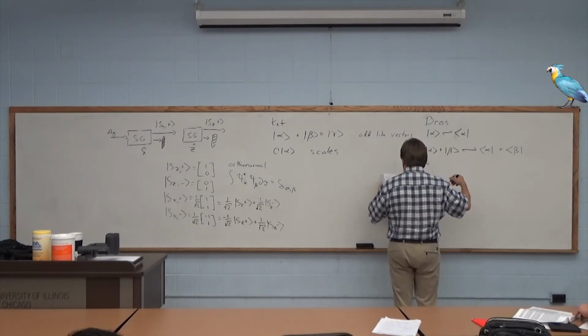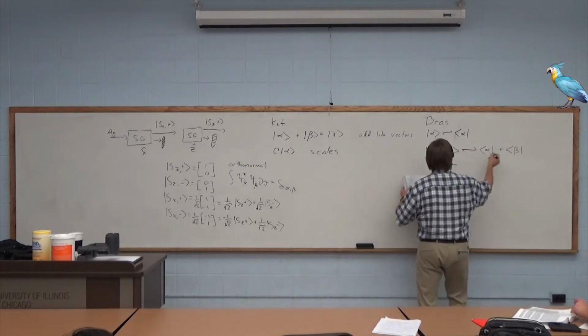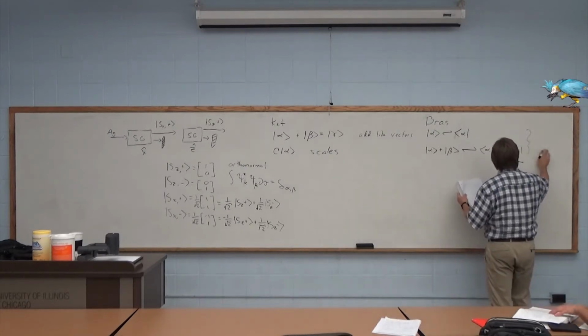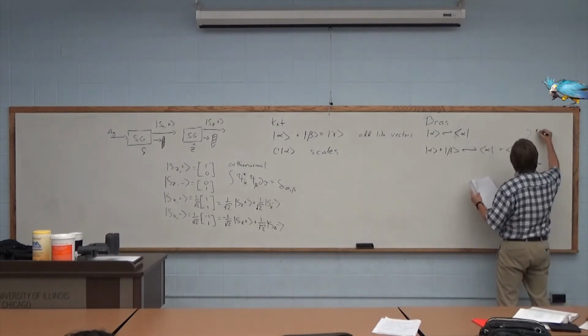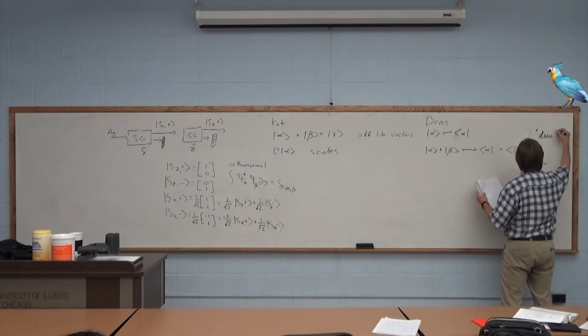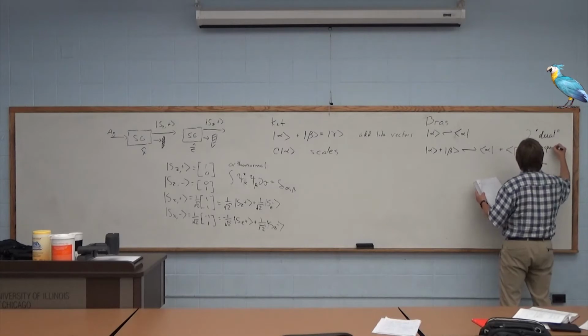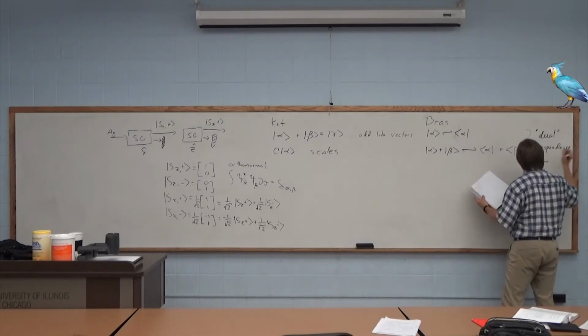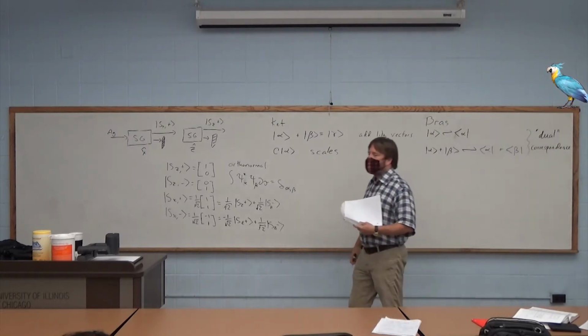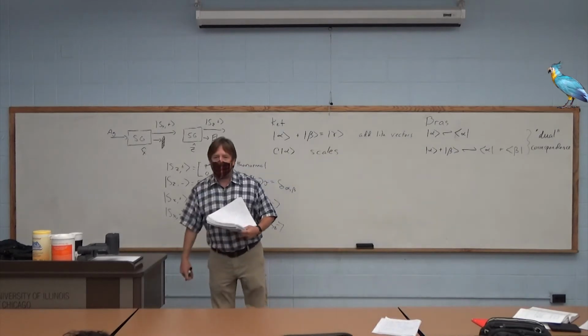Okay, so this property here is called dual correspondence. That's the property, dual correspondence. For every ket, there's a bra.